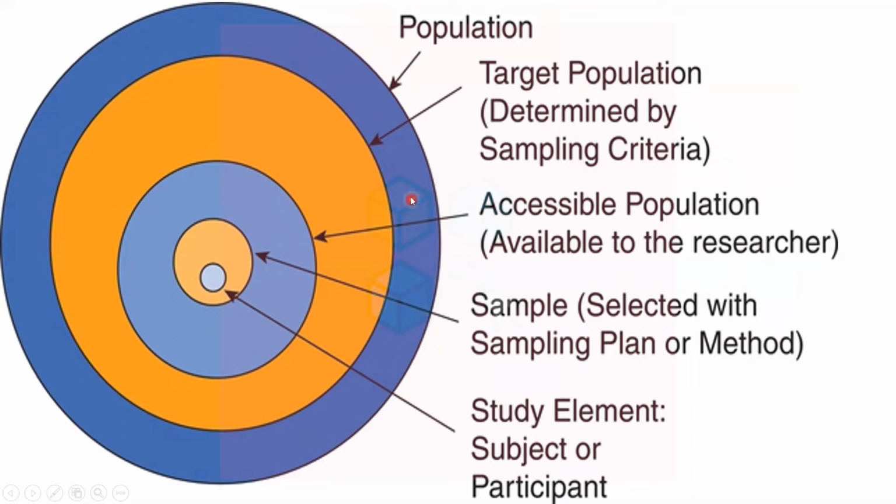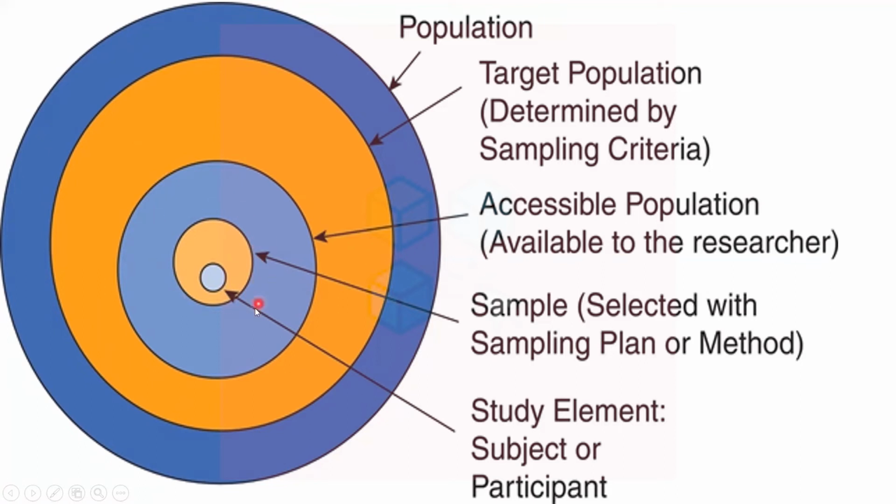Next, our sampling criteria is that the students belong to the intermediate colleges, the intermediate class. So all the colleges which have an intermediate class are included in this target population. Now, the available colleges are the sampling frame.